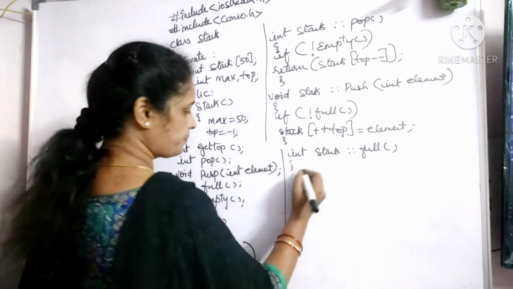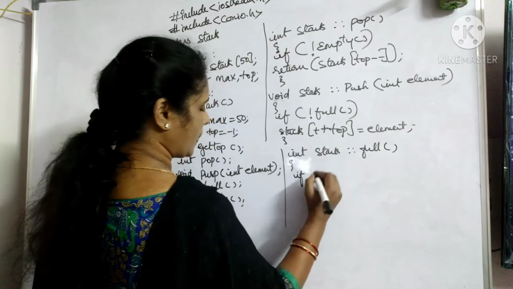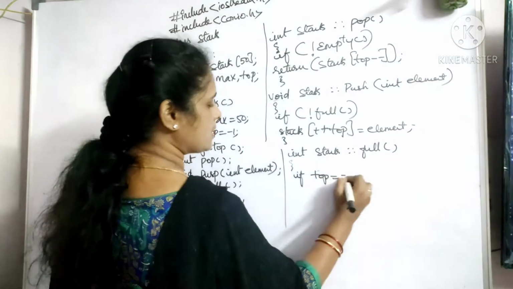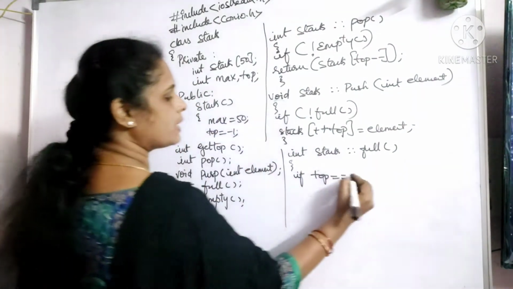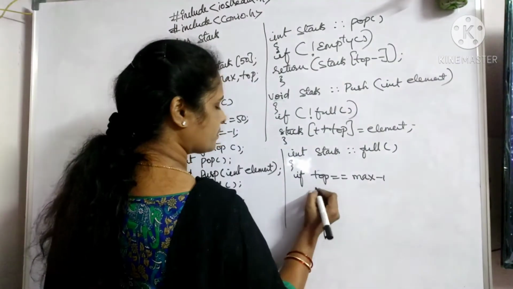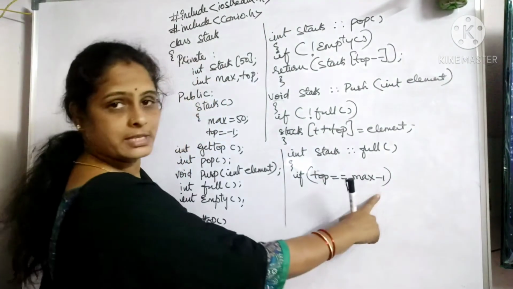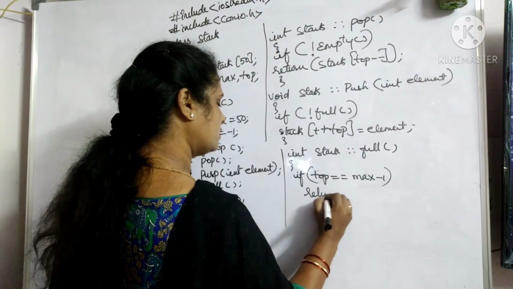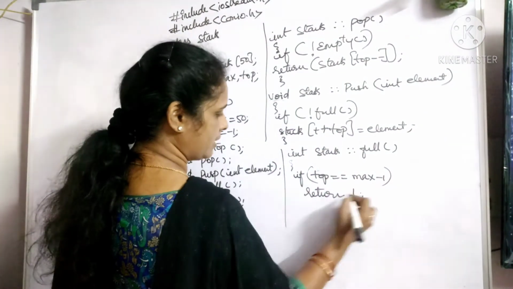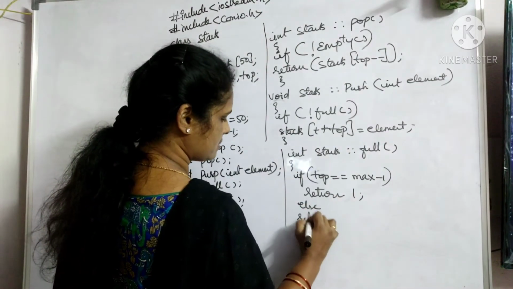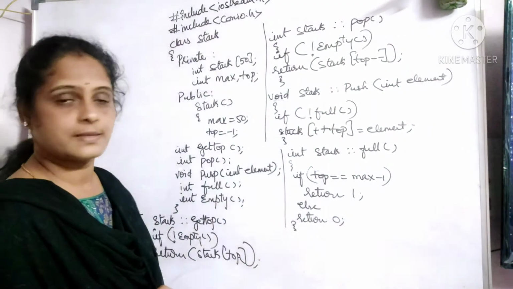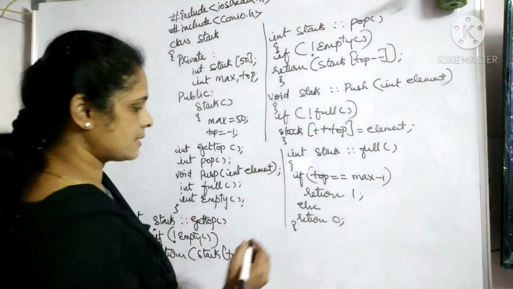So if top is double equal to max minus 1, then return 1, else return 0. That's it.